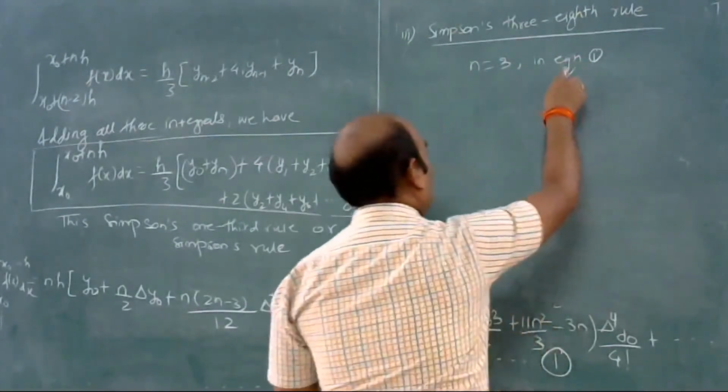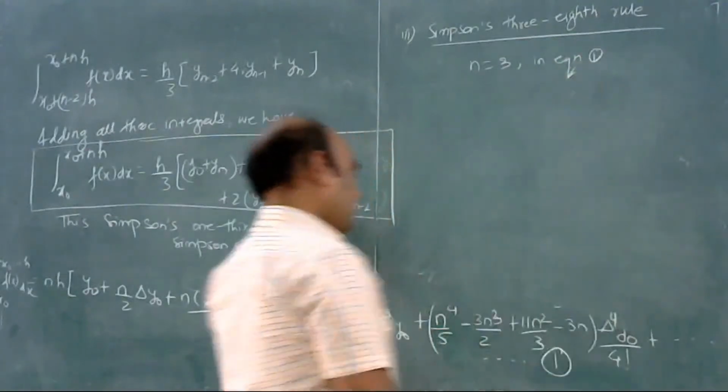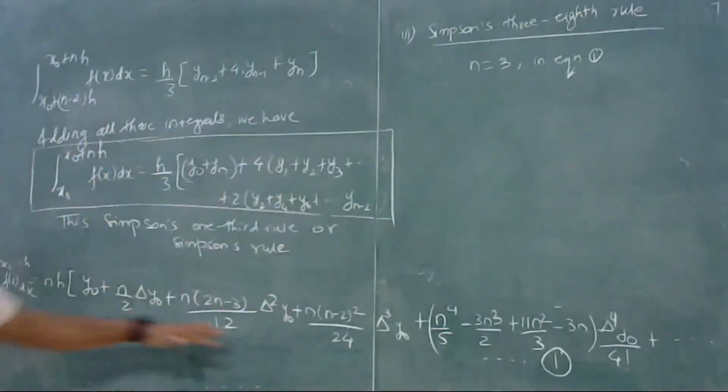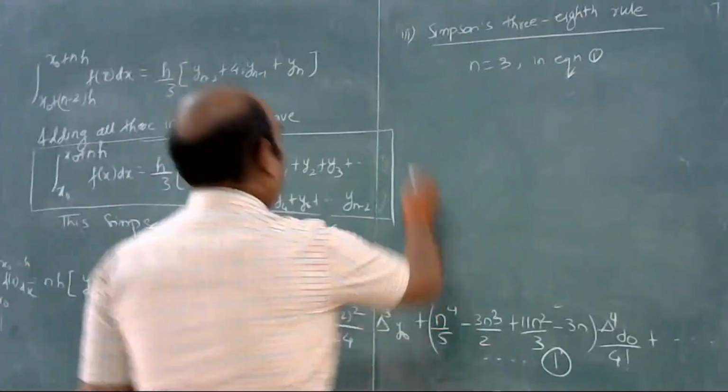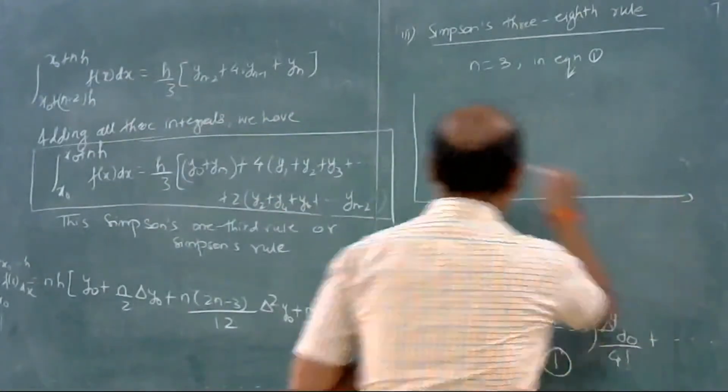Where n is equal to 3 is substituted in equation 1. Okay, so we derive all these equations using this Newton Cotes quadrature formula. Okay, so the curve will be like this.